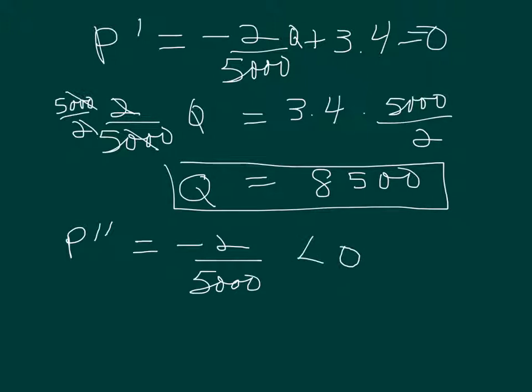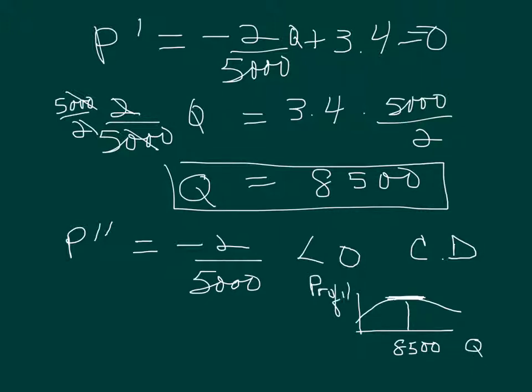If it's less than 0, my profit function was concave down, and that means that my profit function looked like this. So when I found something with a slope of 0, and that something was 8,500 for my Q, and this is, remember, profit, then by checking the second derivative, I see that this function was concave down, and therefore I have a max. So that's great.